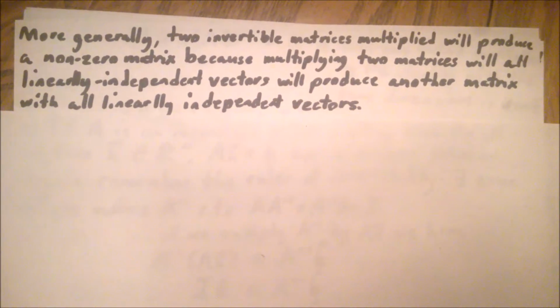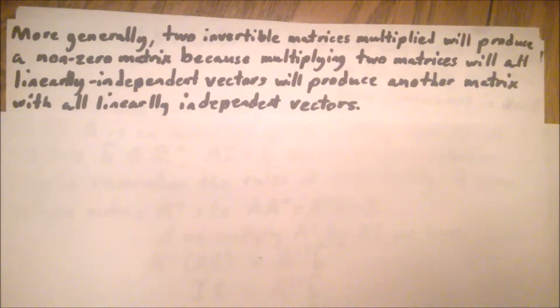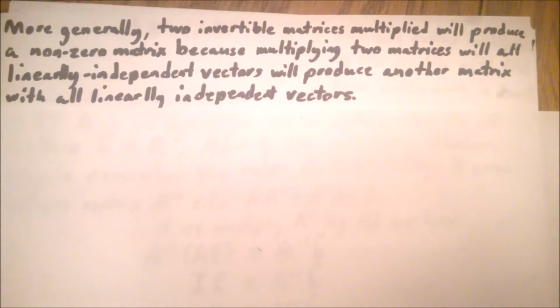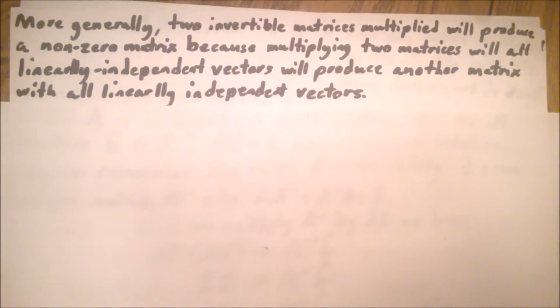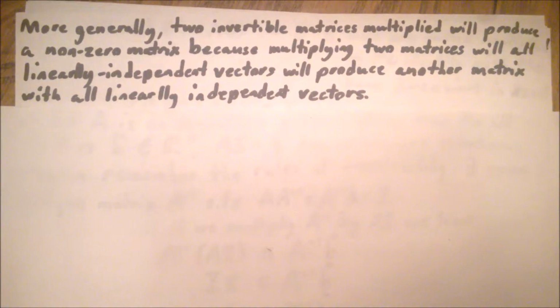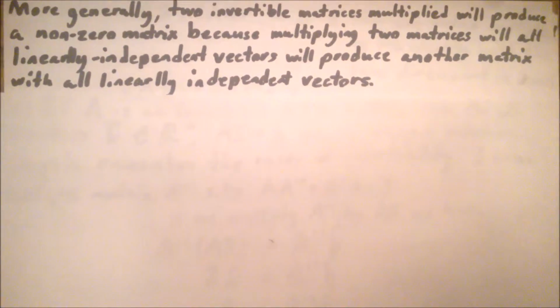This is a general rule to keep in mind. The justification for this rule isn't really important to go into right now, but it's an important tip to keep in mind whenever you're dealing with matrices that are composed entirely of all linearly independent vectors, or even matrices that are composed entirely of linearly dependent vectors.